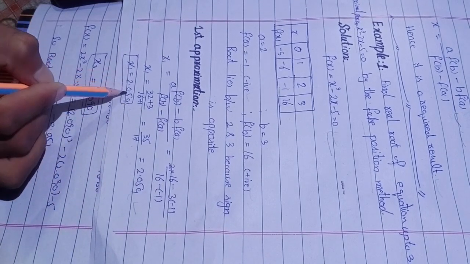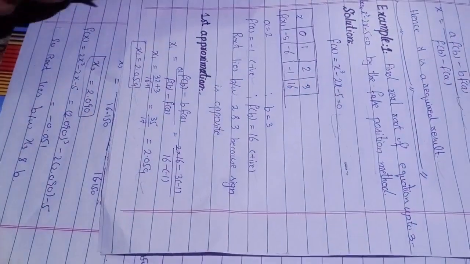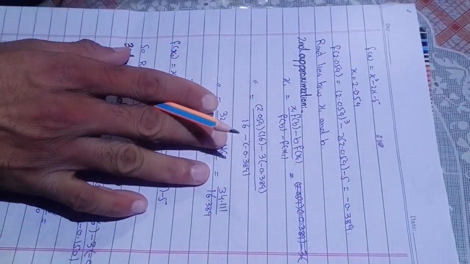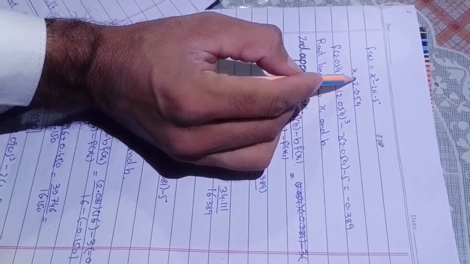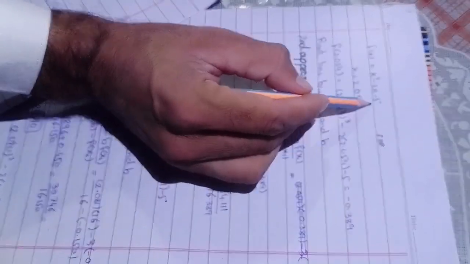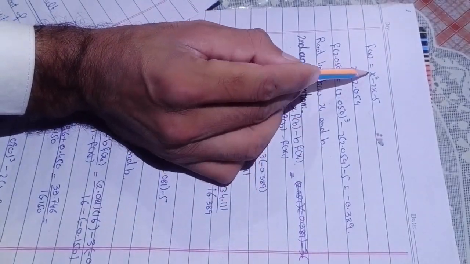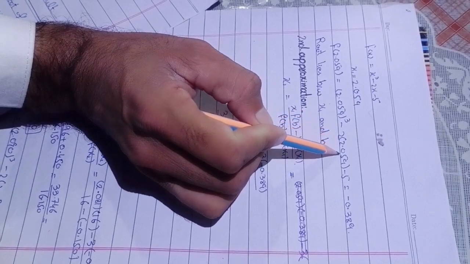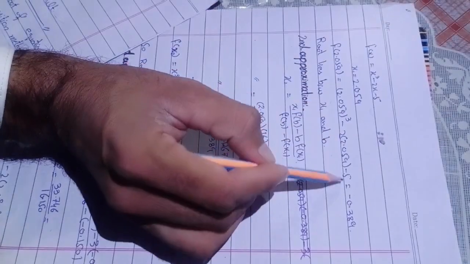x1 is 2.059, and we will check its root. f of x is equal to x cube minus 2x minus 5. Put the value of x1 in this equation and we will check the root. The x1 value 2.059 is put: its cube minus 2 into 2.059 minus 5, and we will solve.